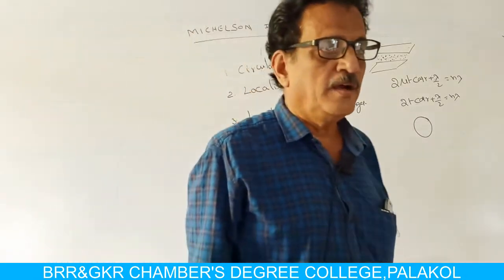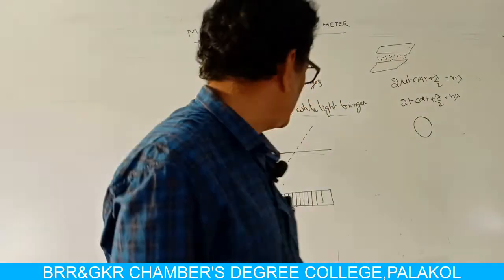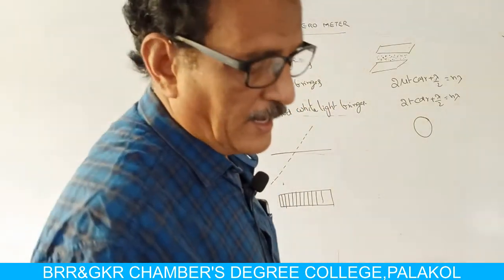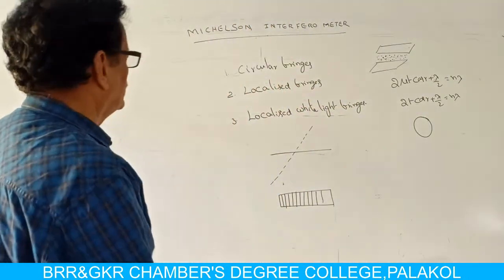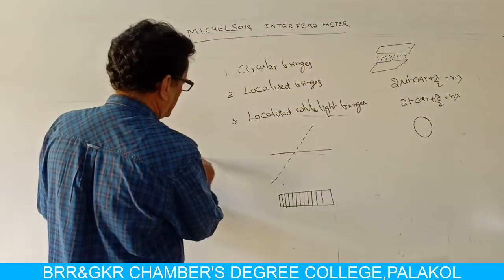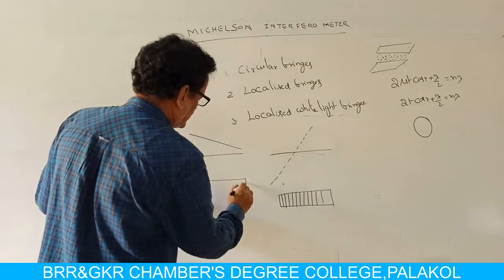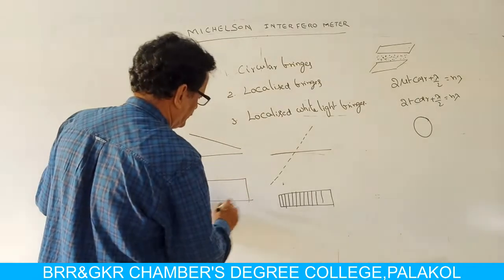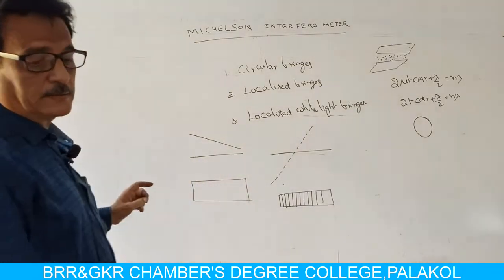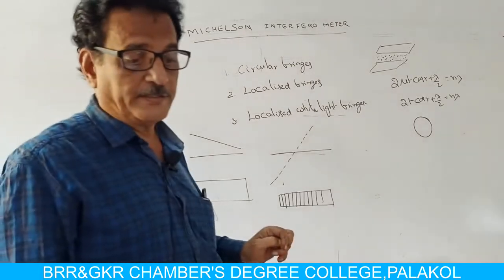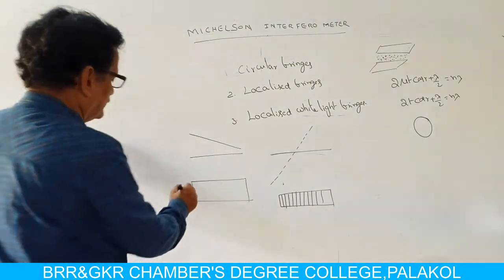When the two mirrors are in crossed position, we will get curved fringes, like this.